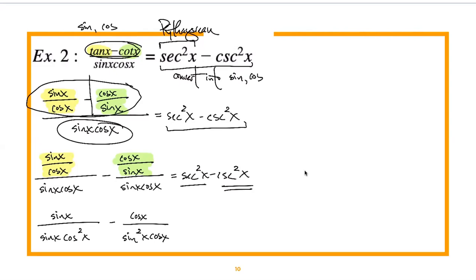And I hope that that equals secant squared x minus cosecant squared x. And if you're wondering where the tangent went, it's the sine over one of these cosines. And the cotangent is this cosine over one of the sines, okay?